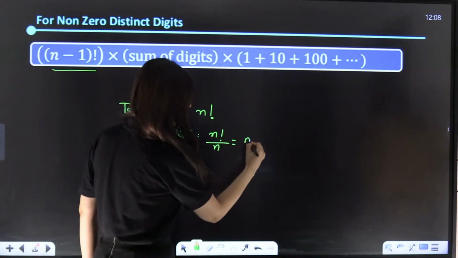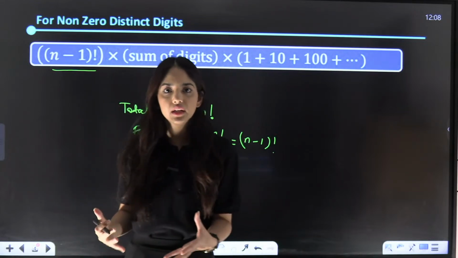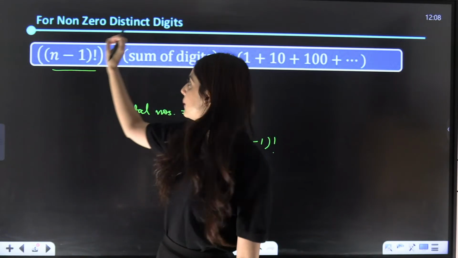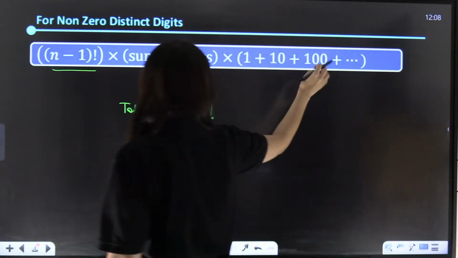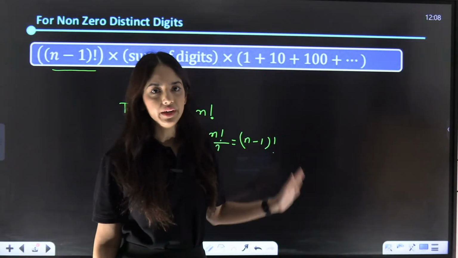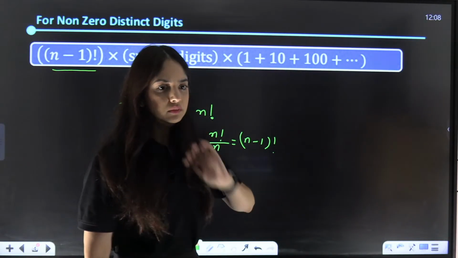Which is n minus 1 factorial. So you can look at it any way, it's the same thing. N minus 1 factorial for each digit multiplied by sum of digits multiplied by 1 plus 10 plus 100 up to 10 raised to power n minus 1, right? Depending on how many digits we have in the number. Clear?